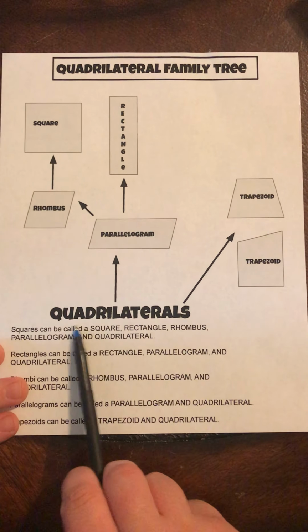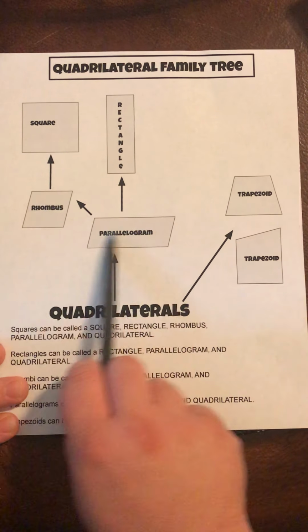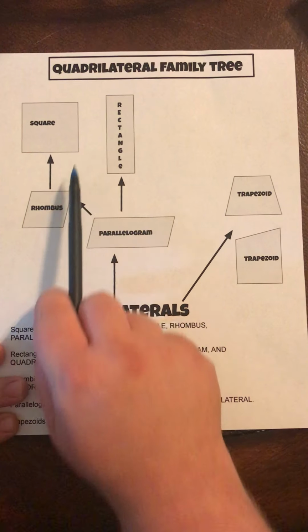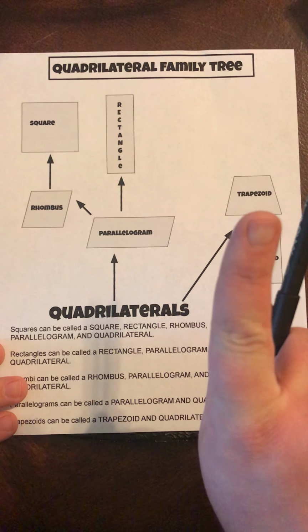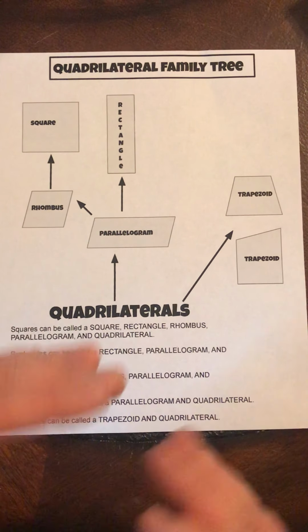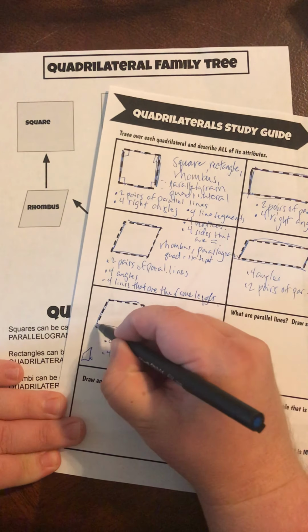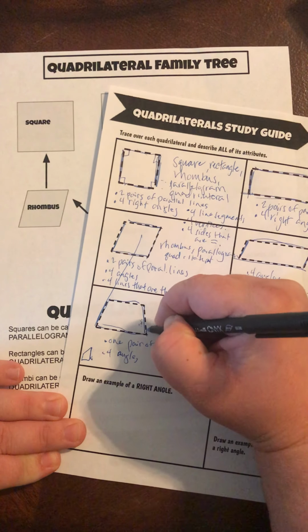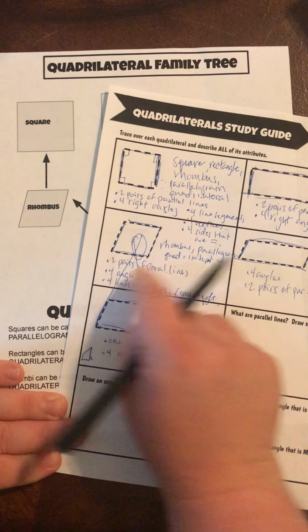First of all, notice that trapezoids are over here and the rest of the quadrilaterals are over here. That's because trapezoids only have one pair of parallel lines. Pair means two. So 2, 2. It only has one pair. If I was to continue going in this direction and in this direction, they meet.